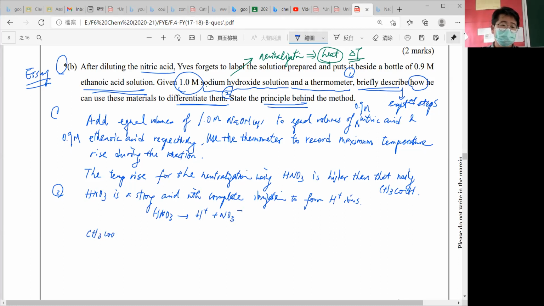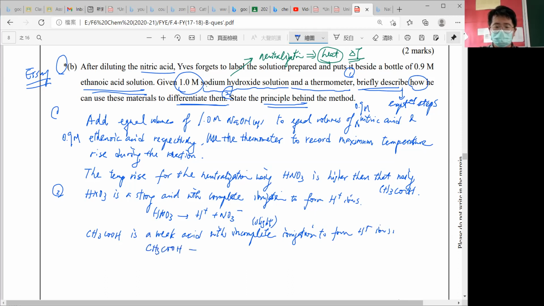However, for this ethanoic acid, it is incomplete ionization, or we call that slight ionization. So you may have the writing on this.